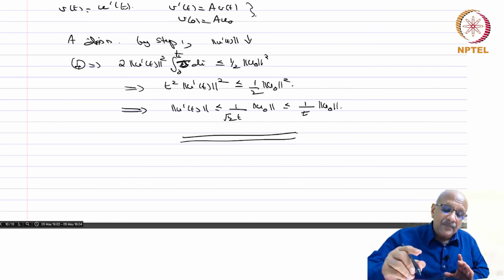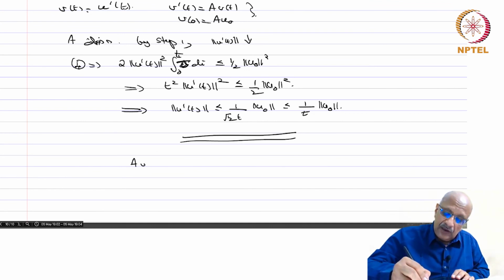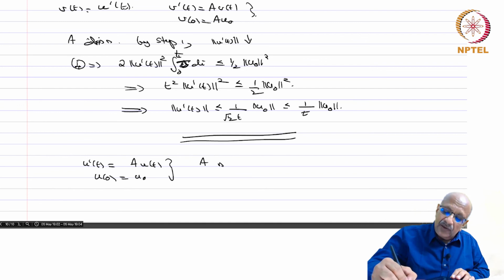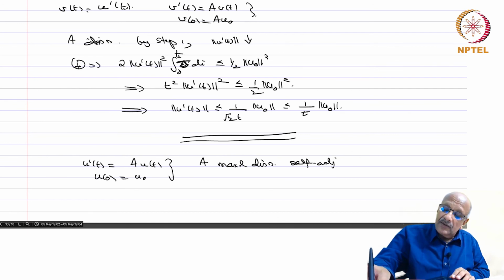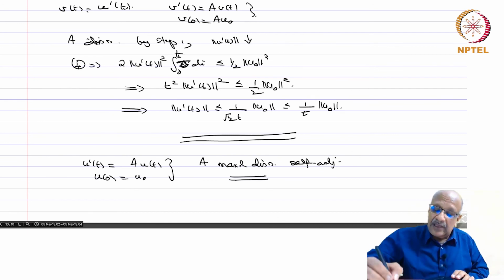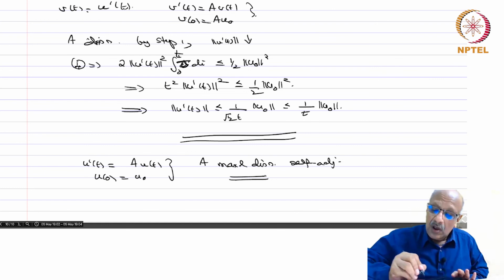Next time we will look at the problem u'(t) equals A u(t) and u(0) equal to u(0), where A is maximal dissipative and self-adjoint, and see what special extra conclusions we can draw about this equation.